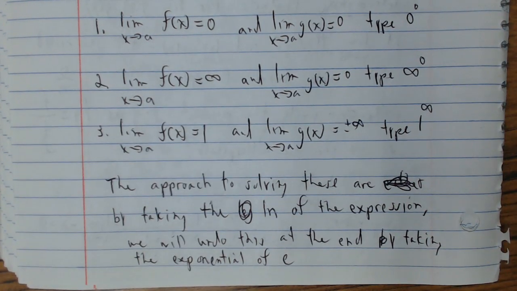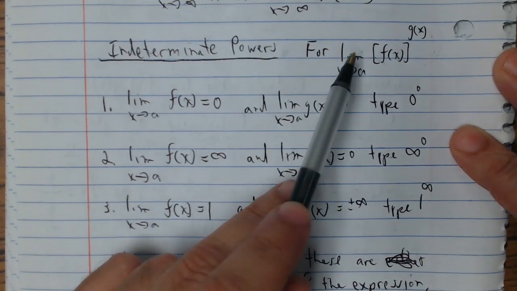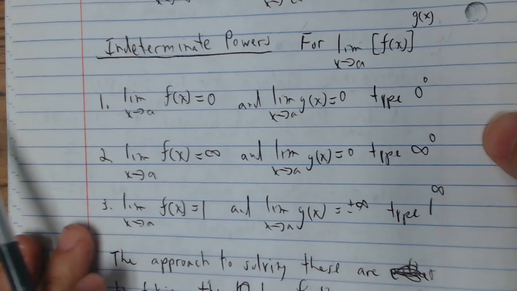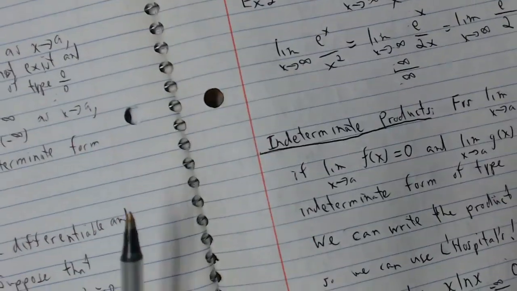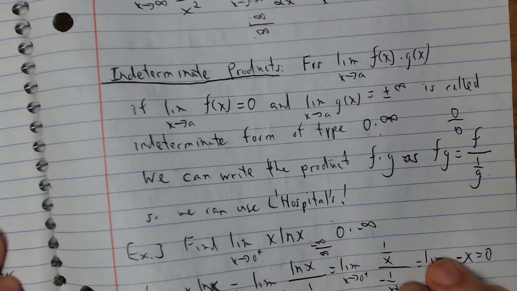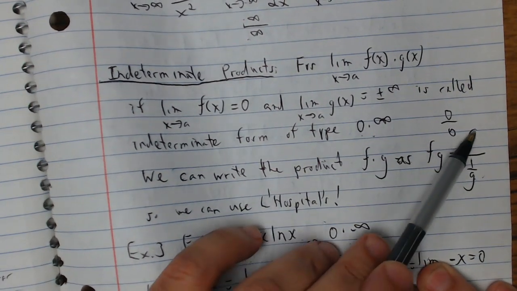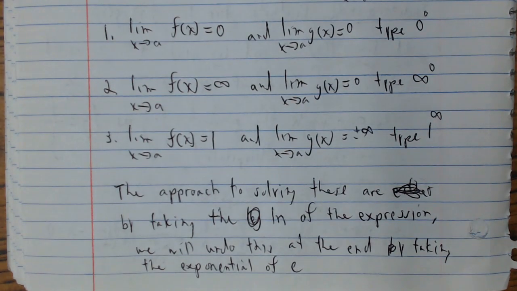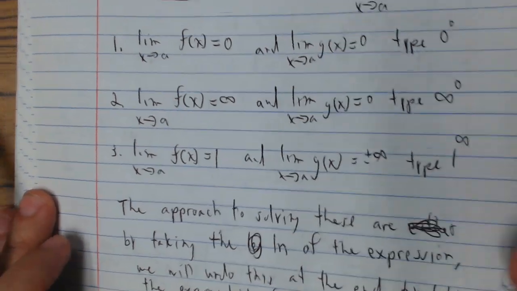Okay, so basically, the whole reason why we natural log this is so we could bring this down, write it as a product, and then if I go back to the earlier stuff, to the indeterminate product, I could write it like this and use this trick to use L'Hopital's. So that's the reason why we ln it. But remember, when we ln it, we have to undo it. Okay, so that's very, very important.